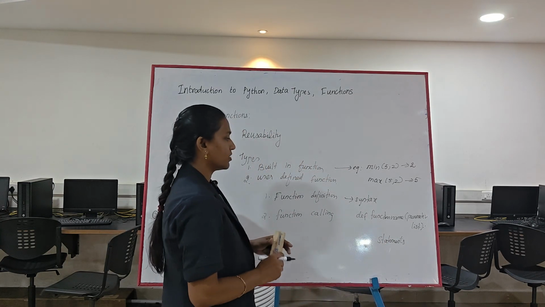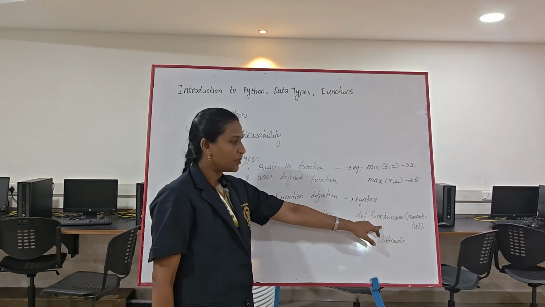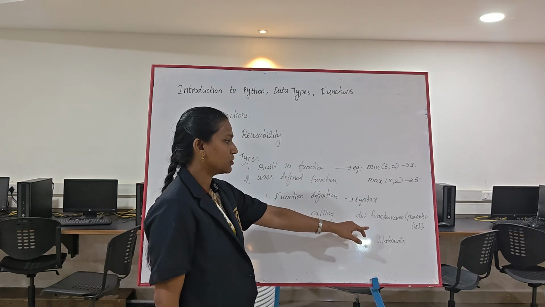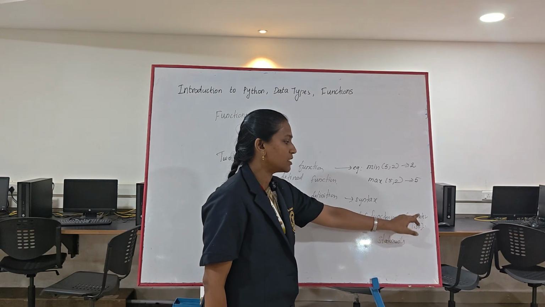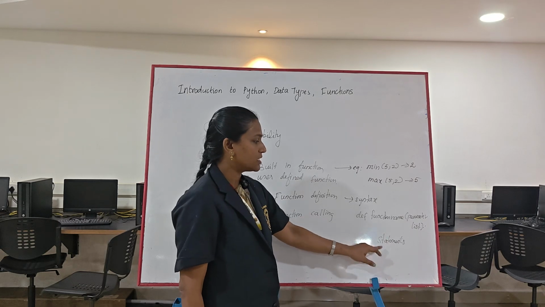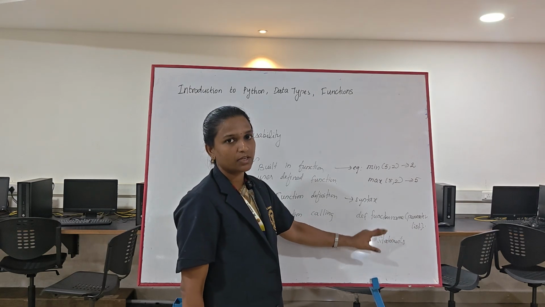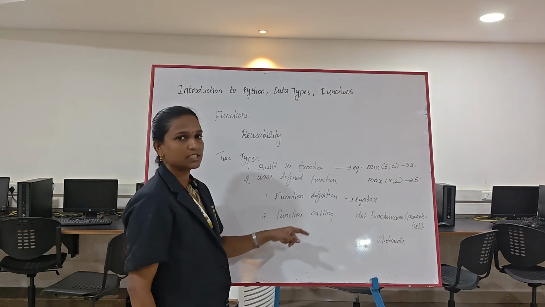This is the syntax for the function definition. def is the keyword, function name is the name of the function, and the parameter list is the parameters we have used. Next, statements: what we need to do, that means the body of the function. This is function definition. Next, function calling.